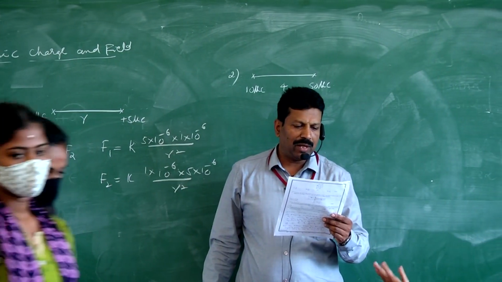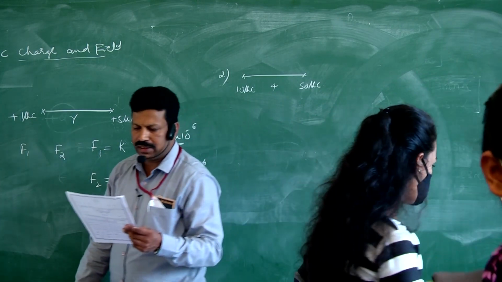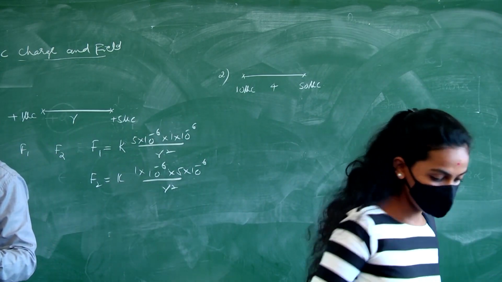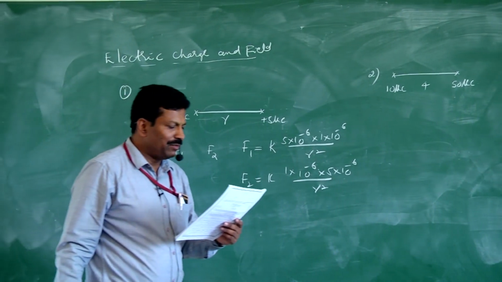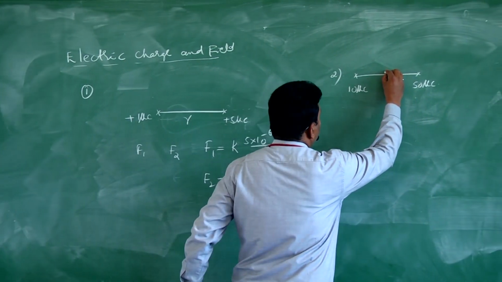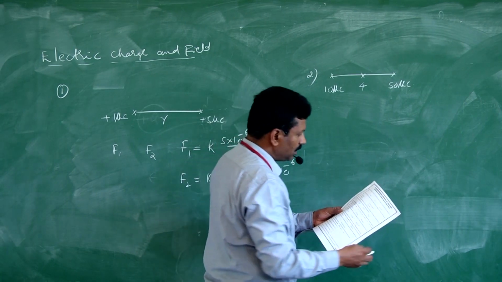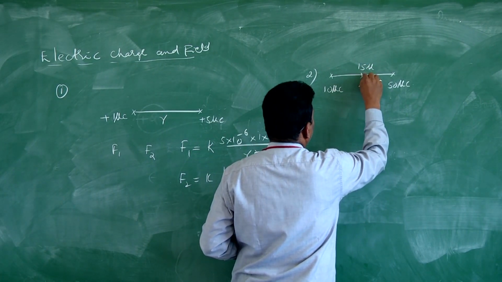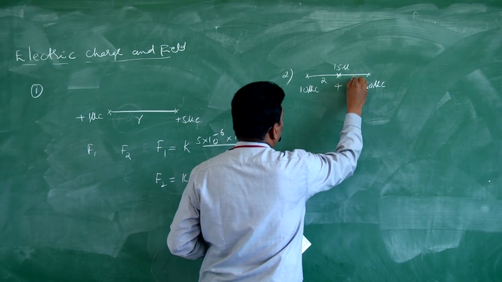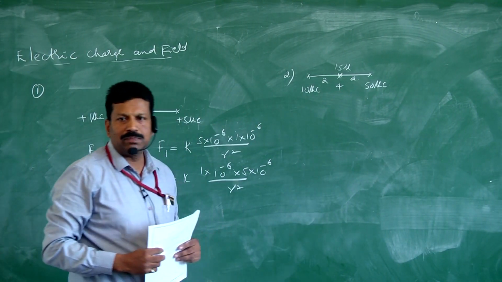Find the force exerted on a charge of 15 microcoulomb placed midway between them. Suppose I place a charge 15 microcoulomb here, midway, so this is 2 meters and this is 2 meters.